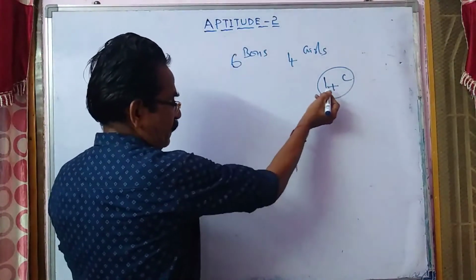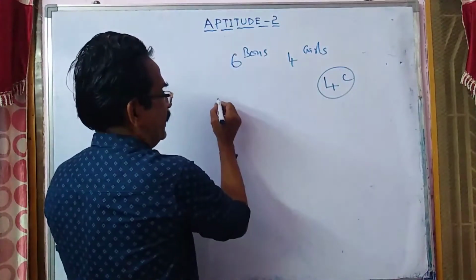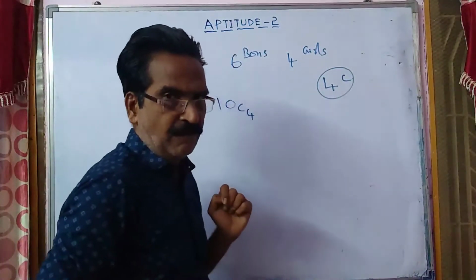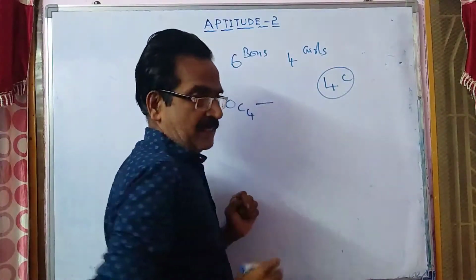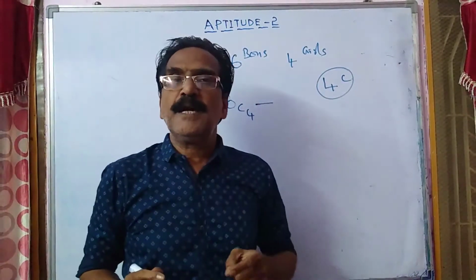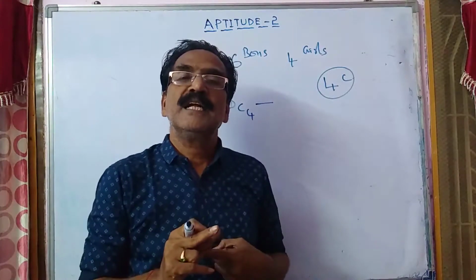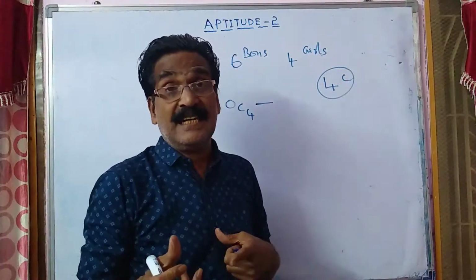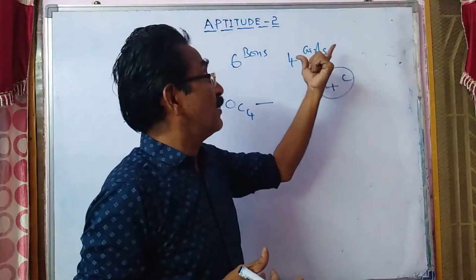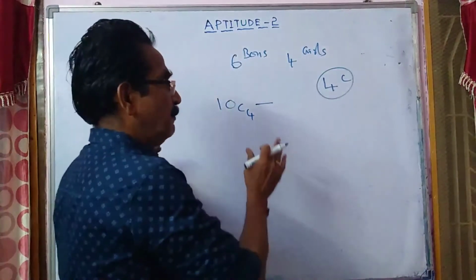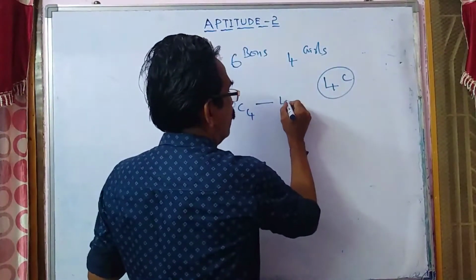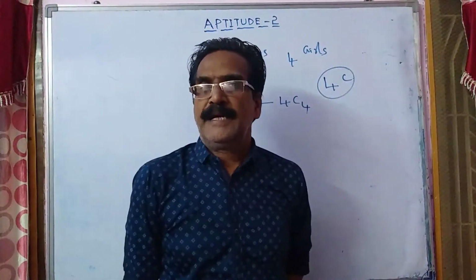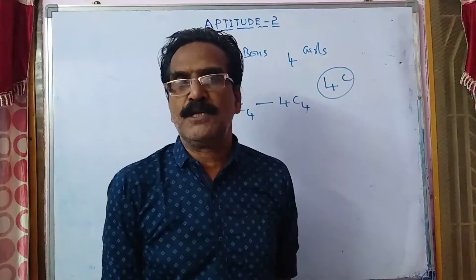That is 10C4, minus, since at least one boy means we count the ways of selecting the 4 children from all the 4 girls only. That is possible in 4C4. 10C4 minus 4C4 is your answer.